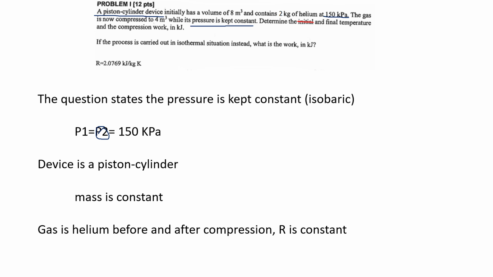There's no mass coming into our cylinder, there's no mass coming out. So the mass is going to be constant, 2 kilograms. Also, while we compress it, the gas doesn't change. Before we compress it, it's helium, and after we compress it, it's still helium. So the R value will stay the same.